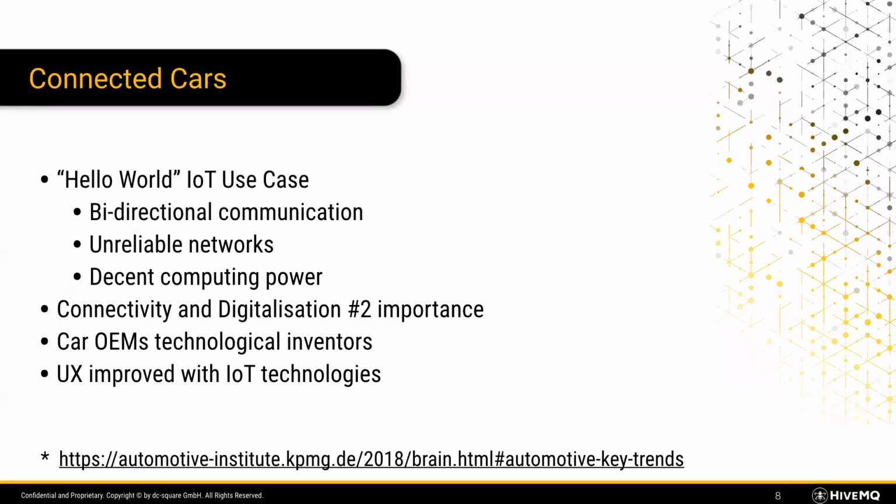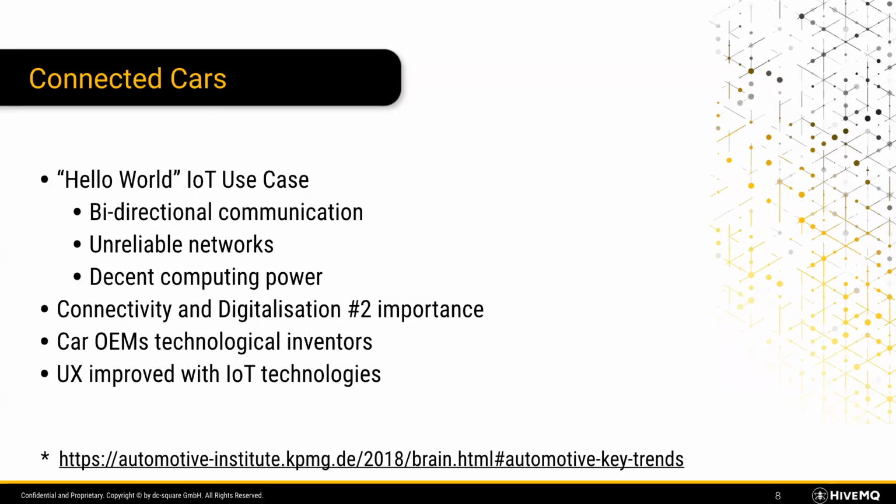Of course, cars by nature want to be mobile and moving, and therefore the networks are unreliable. One of the good things is that cars these days are like driving miniature computers, so we have decent computing power to implement use cases.